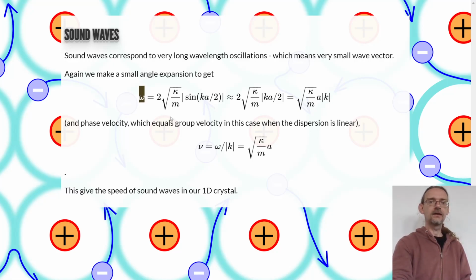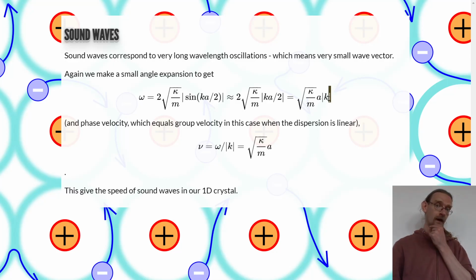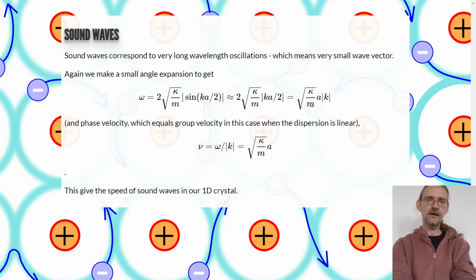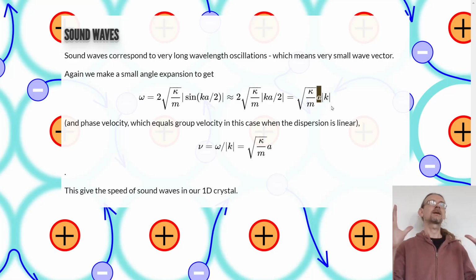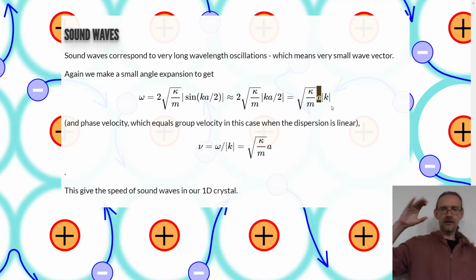And so then we get that the frequency is proportional to the wave vector. And the proportionality constant is this square root of the spring constant over the mass times the lattice constant, the separation of the atoms.